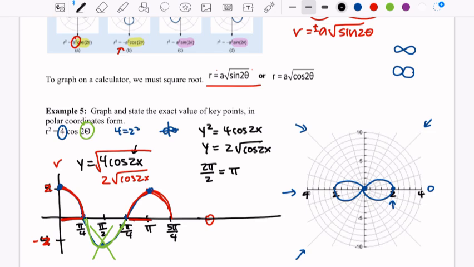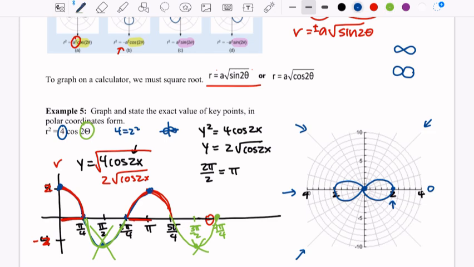let's extend this out. Okay, so let's see. 5 pi over 4, 6 pi over 4, so 3 pi over 2 would have been here, and then 7 pi over 4 would have gotten us back to 0. Okay, so we're not going to have any of those values here.